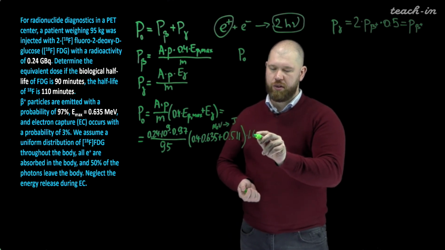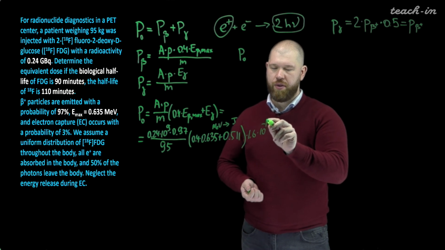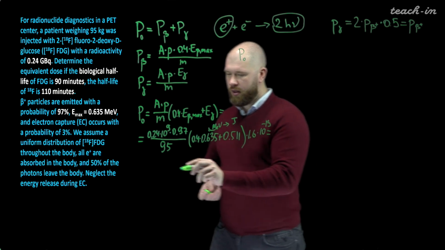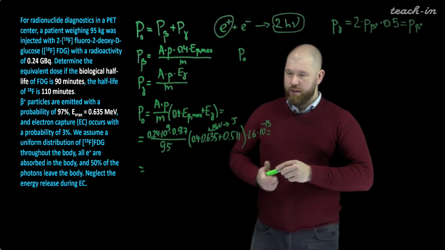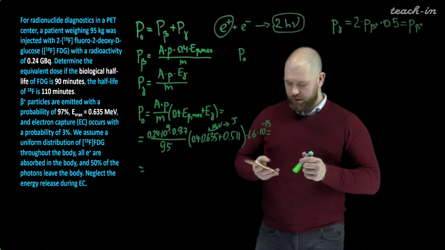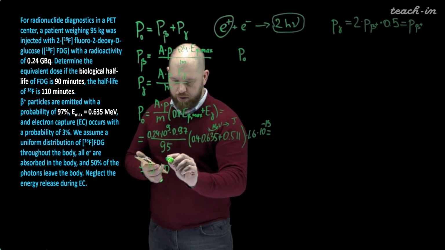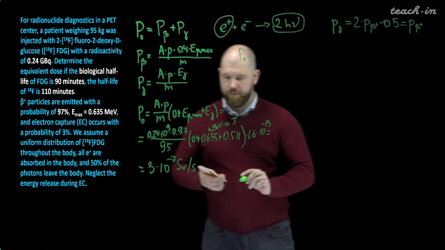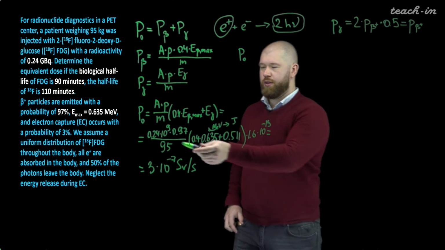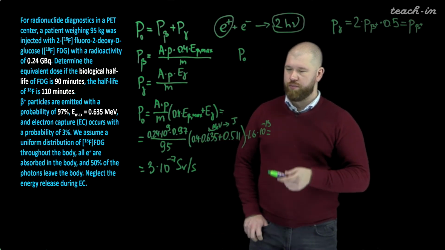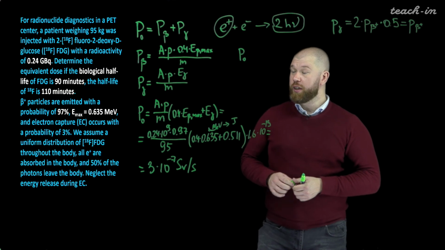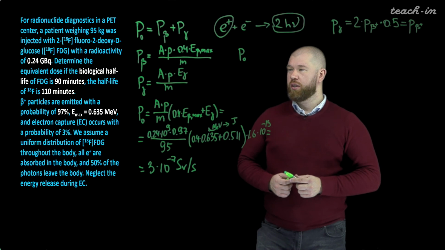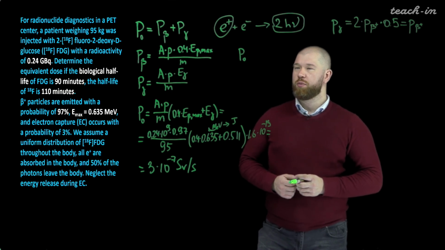So we have to multiply it by 1.6 times 10 to minus 13, because it's mega electron volt, and thus the dose rate is 3 times 10 to minus 7 sievert per second. Per second, because it is becquerel, that is equal to 1 disintegration per second. Okay, so we calculated this dose rate in the initial moment.